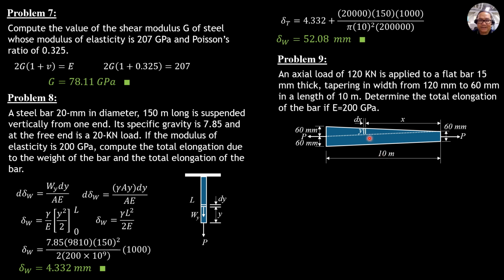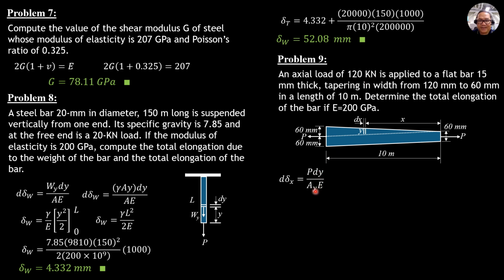The force here is a constant P, and the length is dx. So the differential deflection is equal to P dx over AE, where area is also a function of x. I'll call that area y. P is 120,000 newtons.